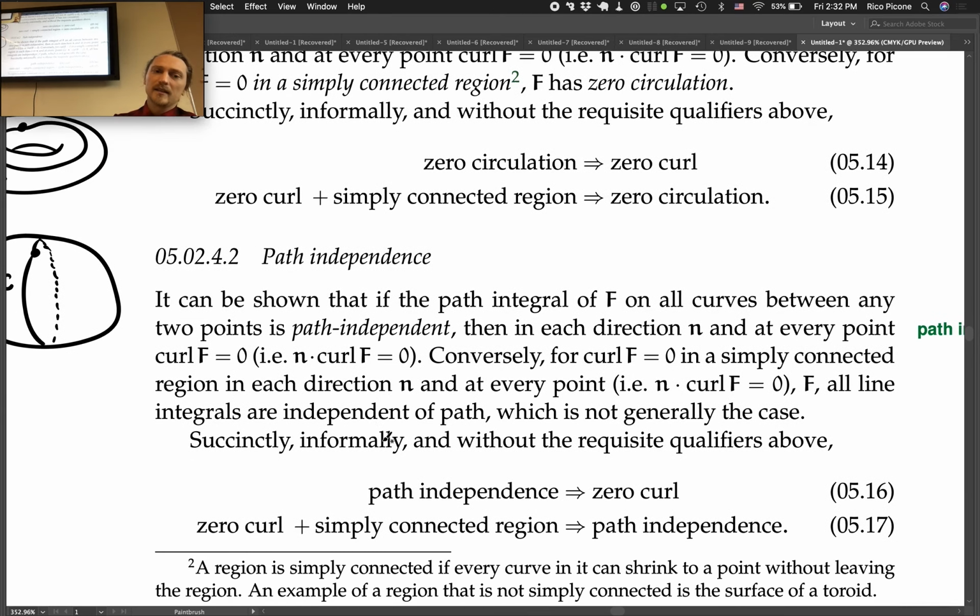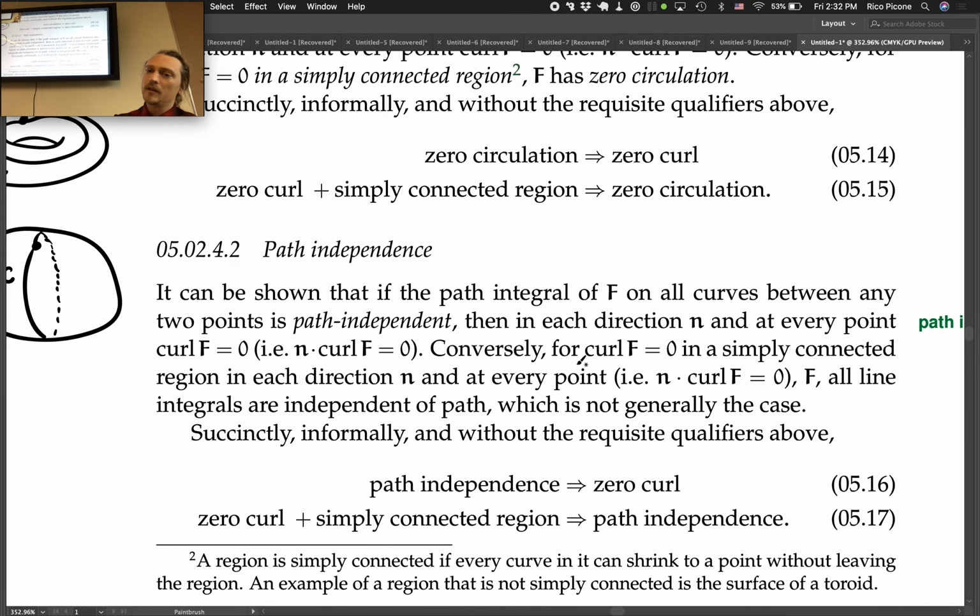Path independence. It can be shown that if the path integral of f on all curves between any two points is path independent, then in each direction n, and at every point, the curl of f is 0. In other words, for any n dot curl f is 0.